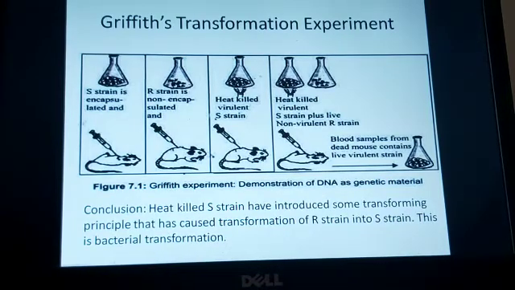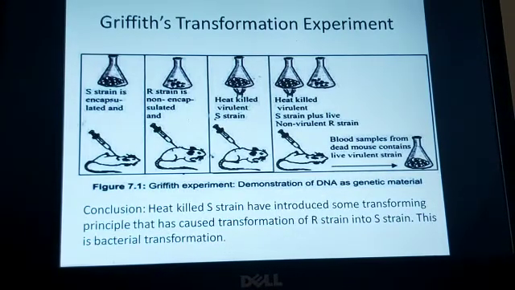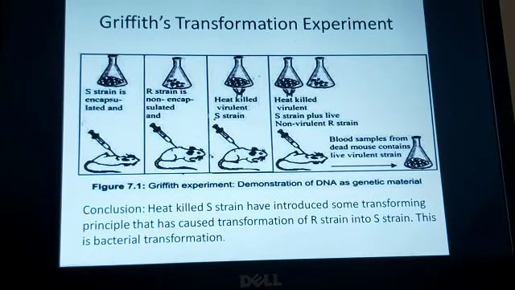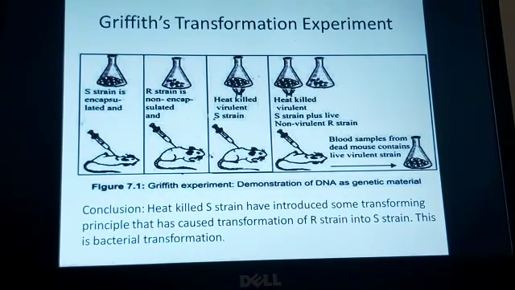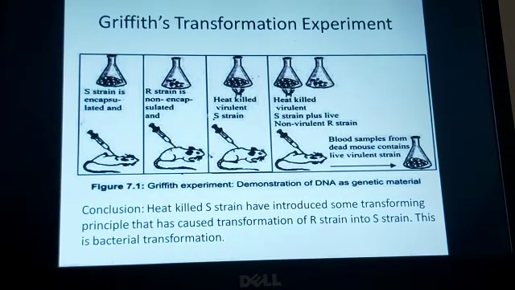The S strain is a virulent strain, meaning it can cause disease in organisms, whereas the R strain is called the rough strain, which is a rather harmless variety, so it does not cause any disease in organisms.